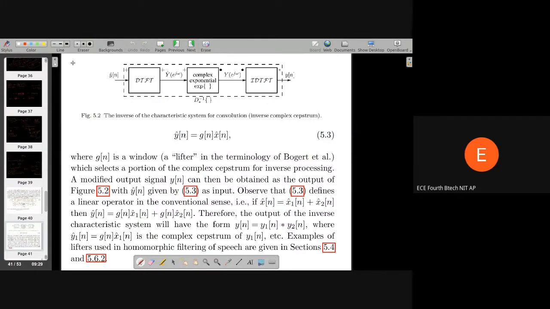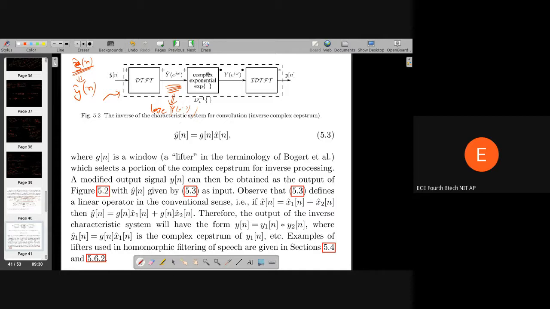Now, from x hat n or s hat n, whatever, you do some kind of liftering to get y hat n. With some liftering you select only a few components. Then you do the discrete time Fourier transform. This is the log, we imagine the effect of the log to be there.